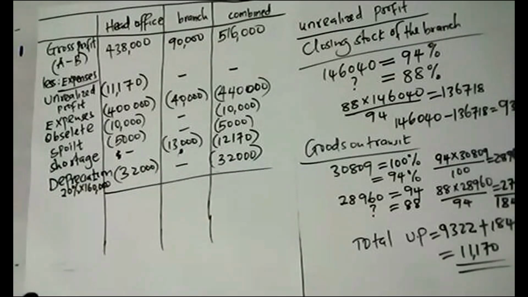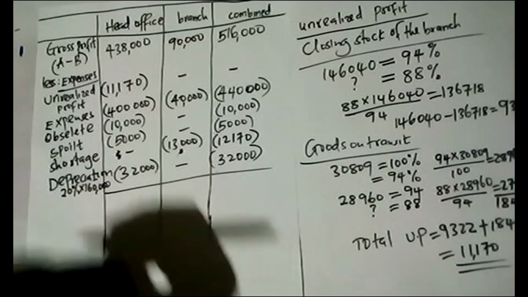Then after that, we need to get the answers. This is just a computational thing. So if I do my first one, 438, 11,170, 400,000, 10,000, 5,000, 32,000, I'm getting a net loss.